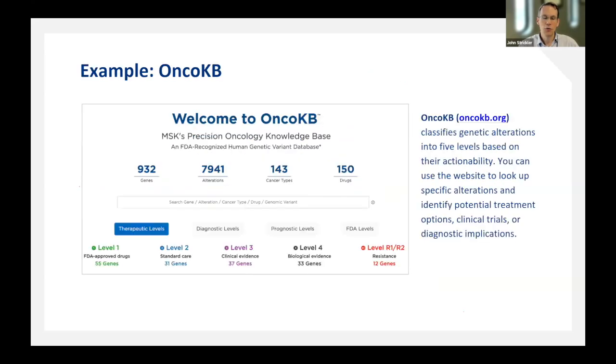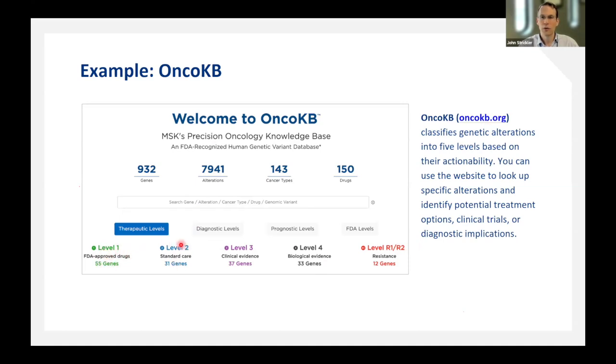So when I'm confused about how actionable a gene is, I go to a website called oncokb.org and I type in that gene, and it will classify that gene and that mutation into 5 different categories. One is level 1, which is for FDA-approved drugs.